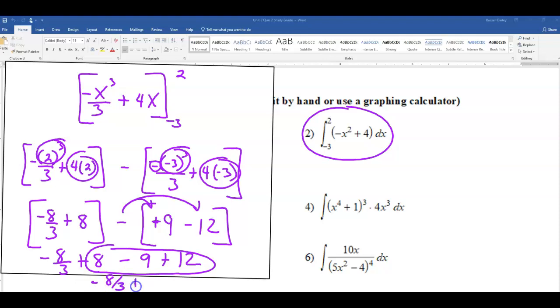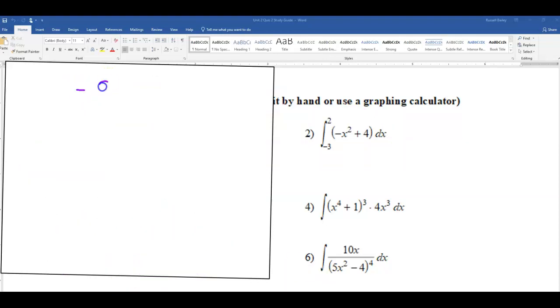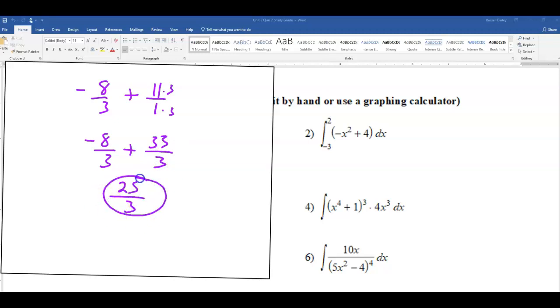It'd be 11. Then we need to get a common denominator for the 11 and the negative 8/3. So put that over 1 and multiply the top and bottom by 3. And then we combine those two things together, and we get 25/3.